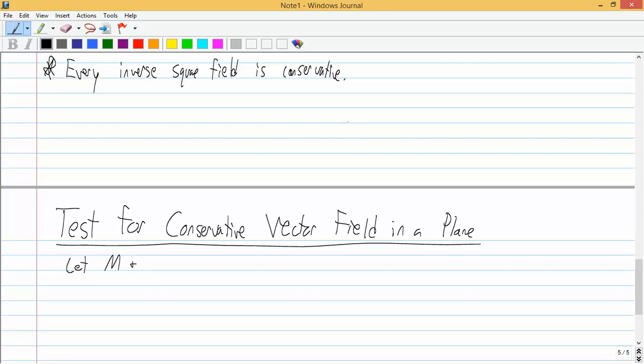Let capital M and capital N have continuous first partial derivatives on an open disk R. If that confuses you, don't worry.